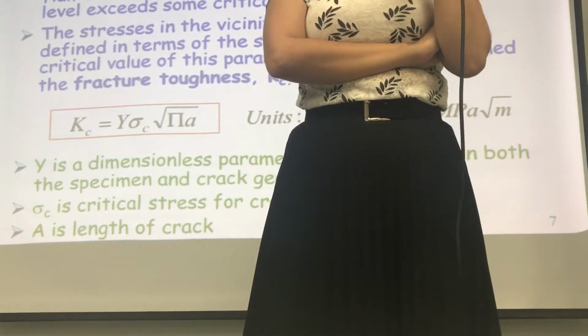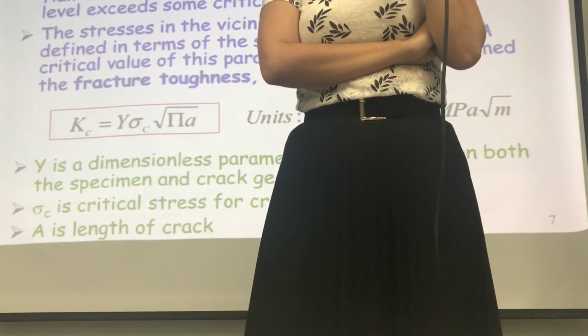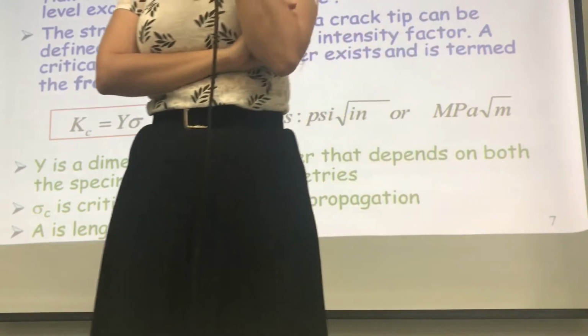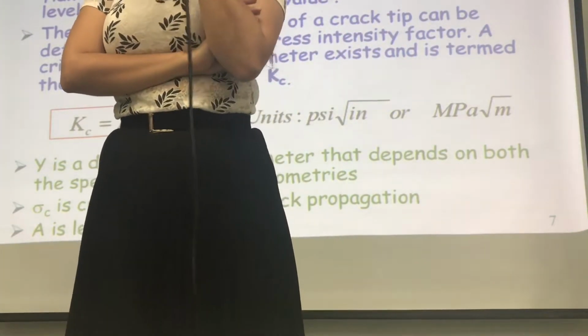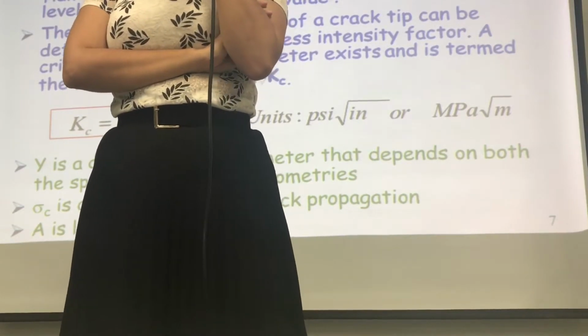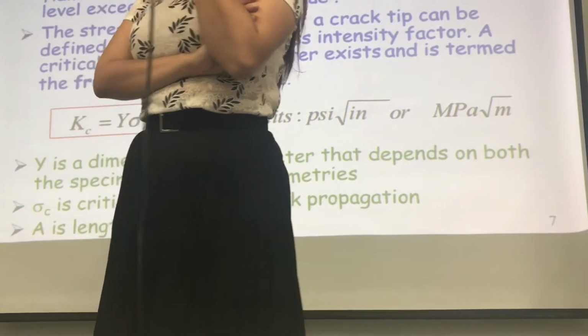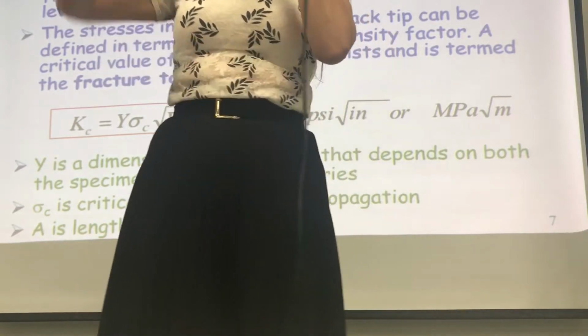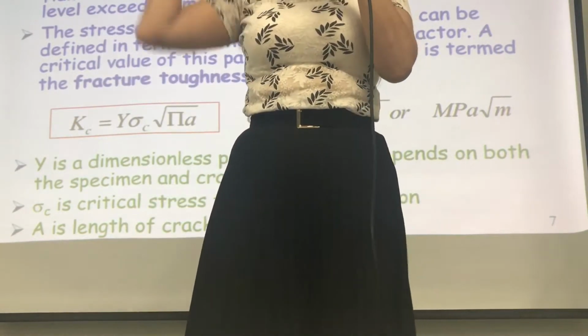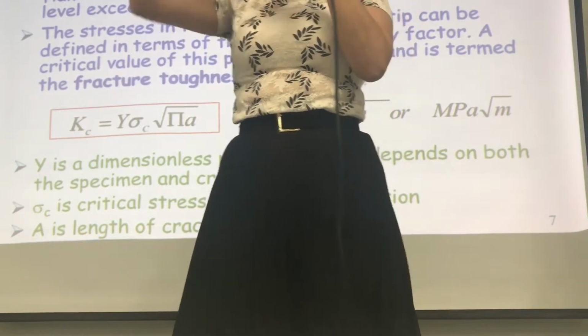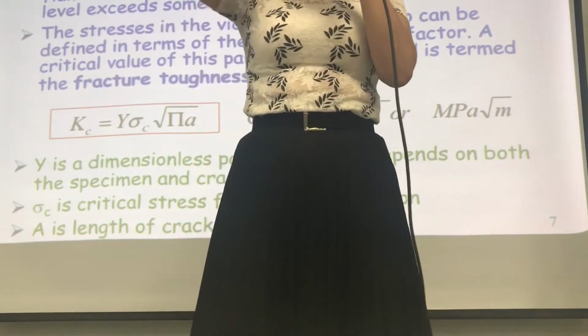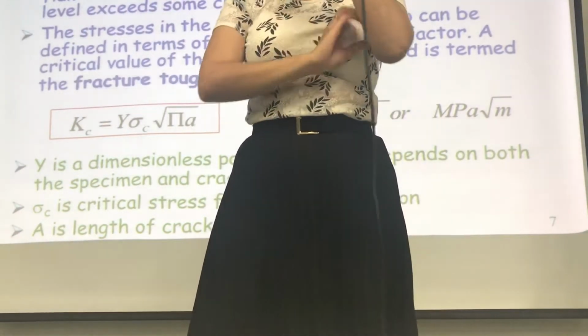It may be 300 megapascal. Why? Because quite often there are already cracks inside the material. So if it is perfect, it has a high range of strength. But if there is some kind of crack inside, the strength of the material is reduced.